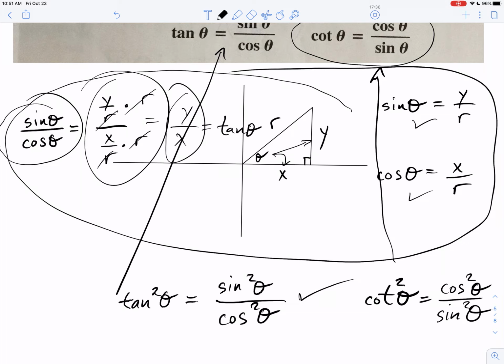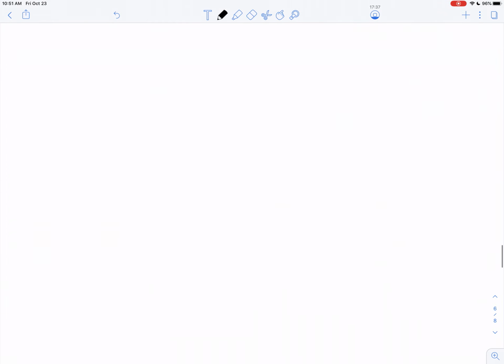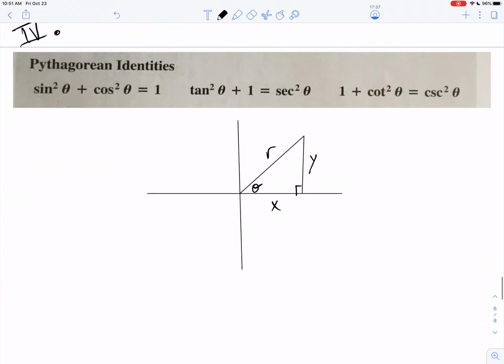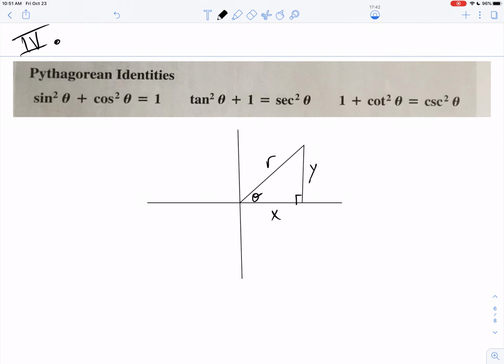So, let's look at it. This guy's the big daddy of them all, Pythagorean identities. Now, here's the thing with Pythagorean identities. I know, based on my triangle that I have drawn here, we already did this in the last one. I could say the sine of theta, well, that would be opposite over hypotenuse, right?